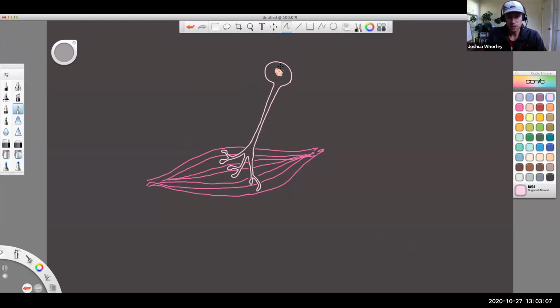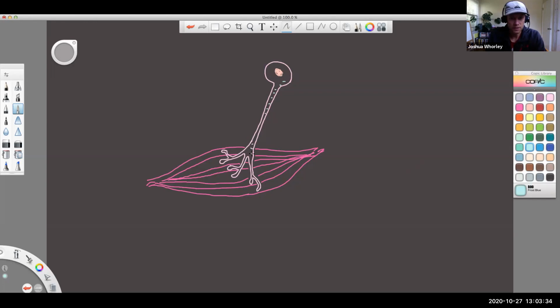So all cells maintain an asymmetrical distribution of charged ions across their cell membrane, so that in general, the inside of a cell is relatively electronegative, okay, all over inside of most cells.